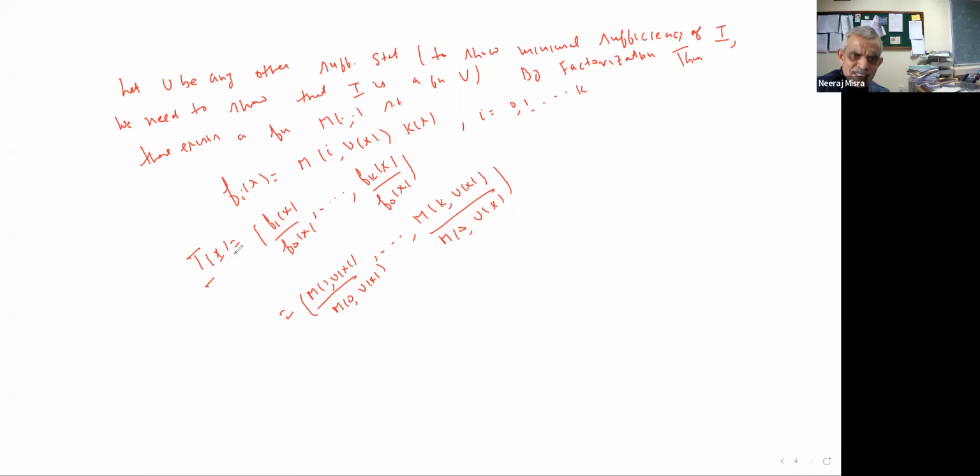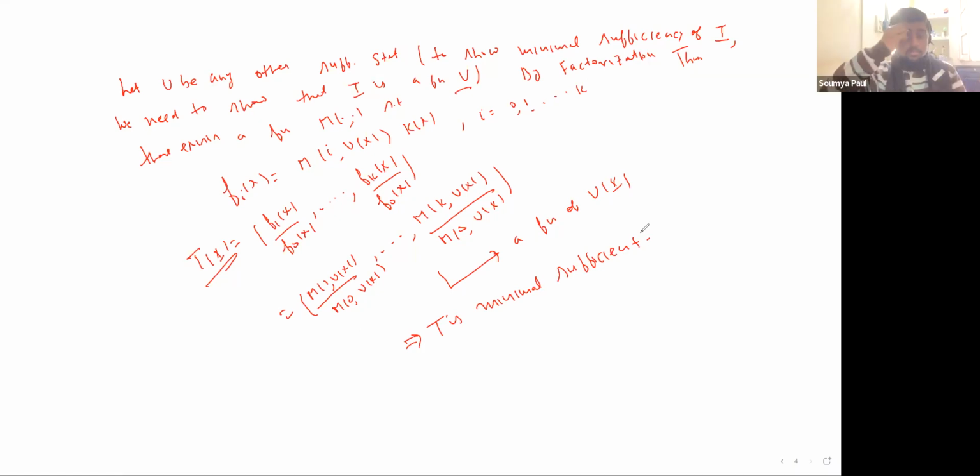So what does that mean? T(x) is a function of U(x). So you saw that T is sufficient and it is a function of any other sufficient statistic U. So this implies that T is minimal sufficient. Does that make sense? Absolutely. Okay. Any other doubt you would like to discuss?